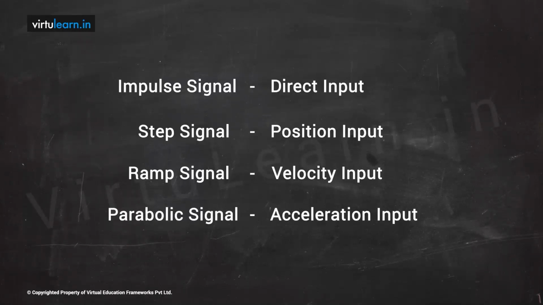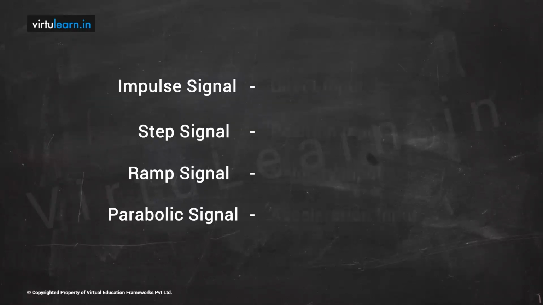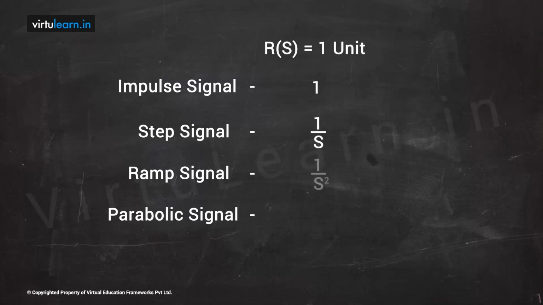If you list out all four standard signals: impulse, step, ramp and parabolic, what are the R of s equivalents? They are 1, 1 by s, 1 by s square and 1 by s cube, for unit values.